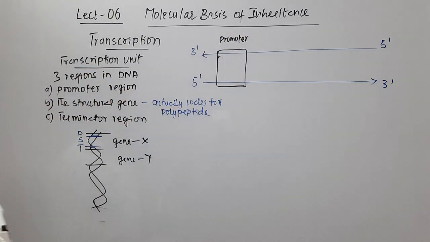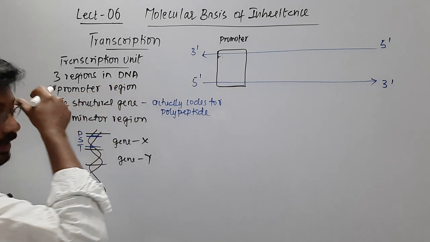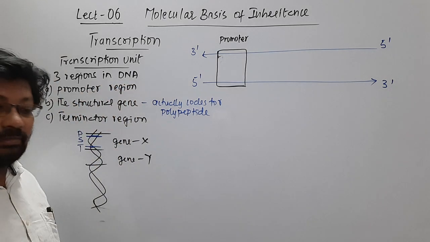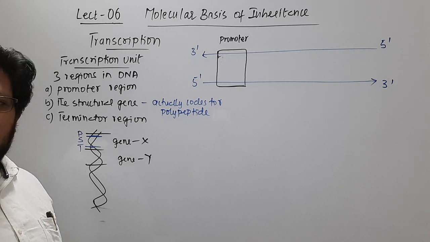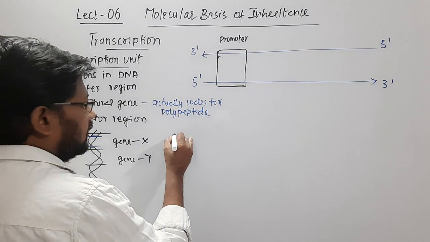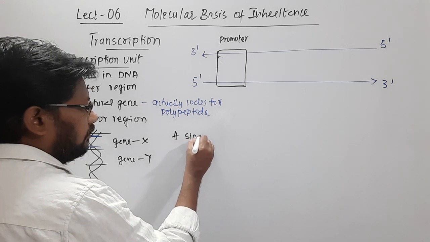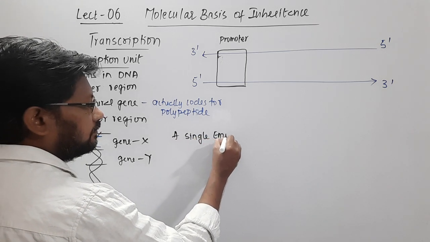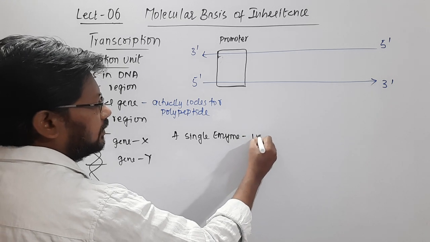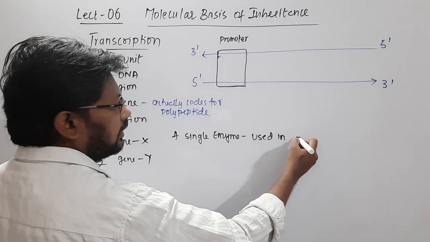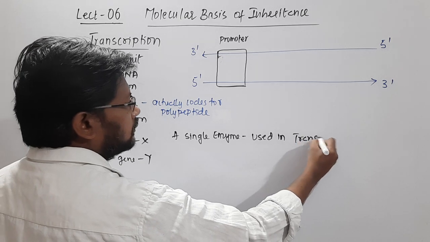The promoter region will have some specific nitrogen base sequences that can be identified by the enzyme. So here there is a single enzyme used in transcription.